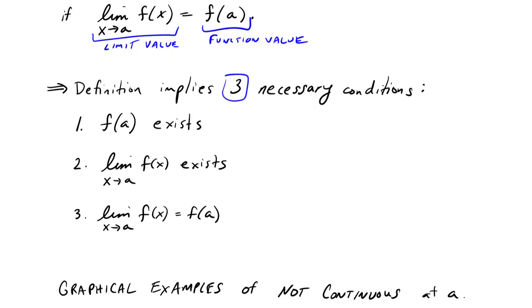So the first one is that f of a exists, or in other words, that the function is defined at a. All right? So the function has to be defined there. The second says the limit as x approaches a of f of x exists. In other words, the limit exists at a.